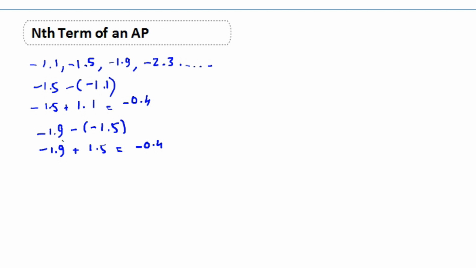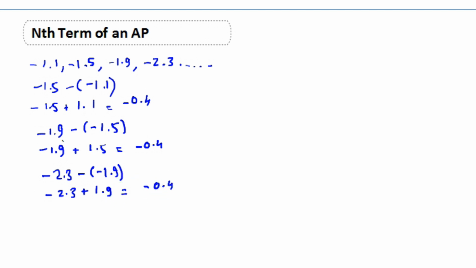And the third and fourth terms, we've got negative 2.3 minus negative 1.9, which is negative 2.3 plus 1.9. That again gives me negative 0.4.